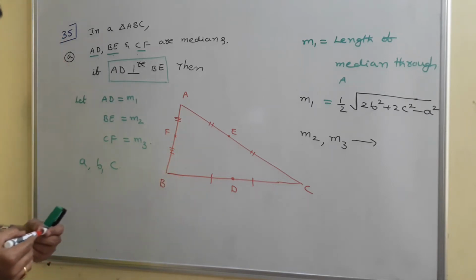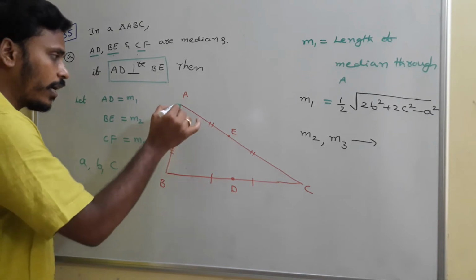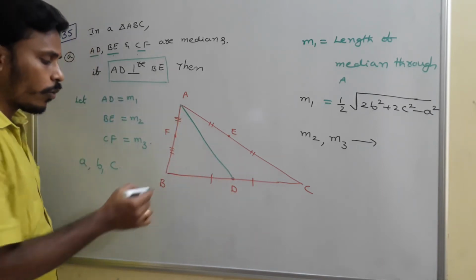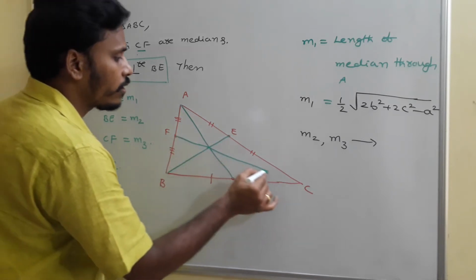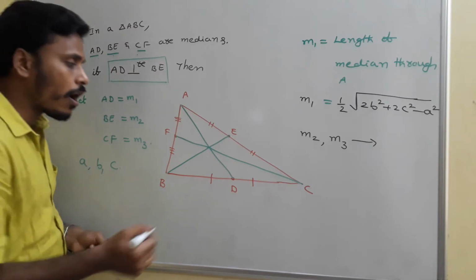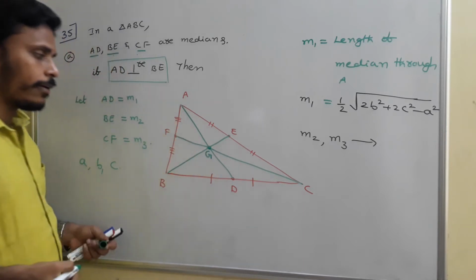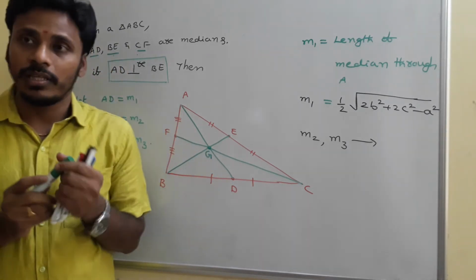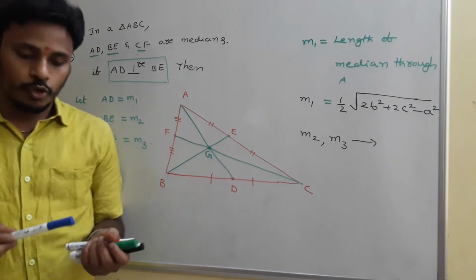And since D, E, F are the midpoints of the sides, if you join all these, you will get AD, which I represented as M1, like median 1, and BE is the other median, whereas CF is the third median. And we know that the point of concurrency of all these three medians is simply what? Centroid.